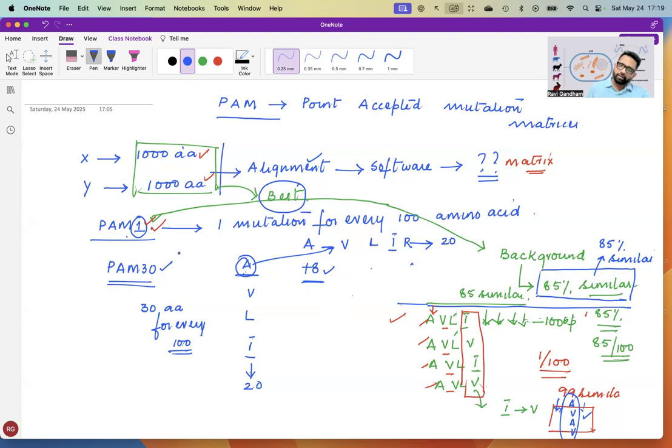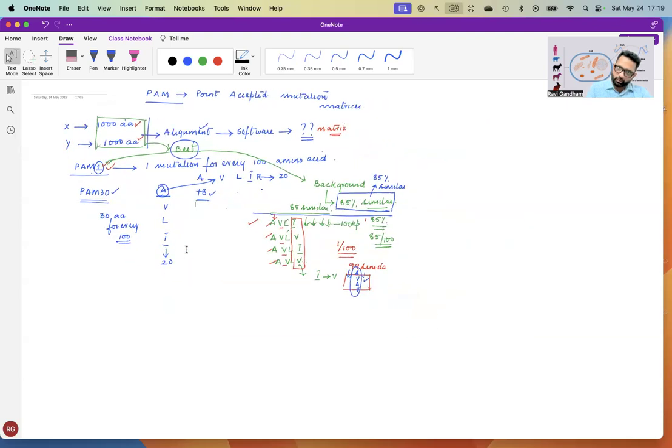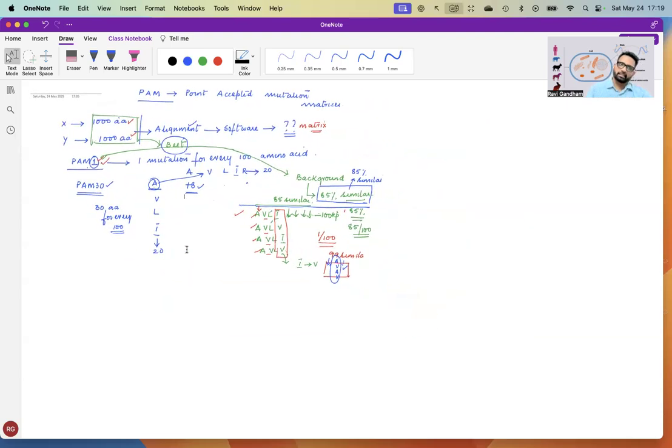So this is how, finally, whatever be your PAM, 85% globally aligned sequences are considered, and then finally a matrix is constructed, and the values in the matrix are used for the further scoring of your alignment. Understood? So this is as far as a practical example is concerned.